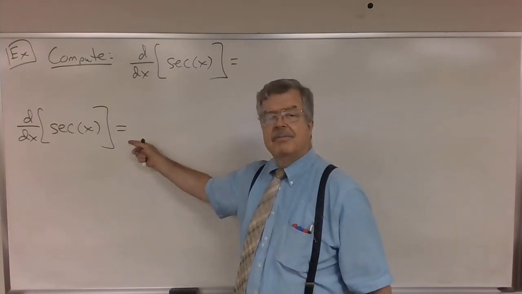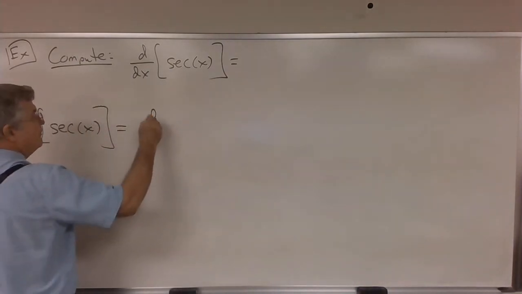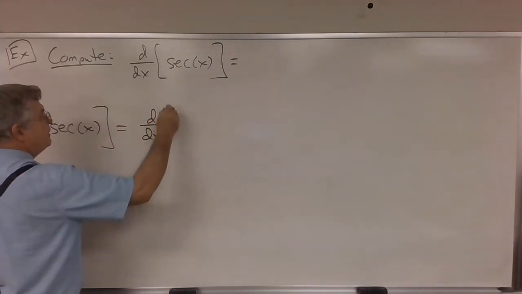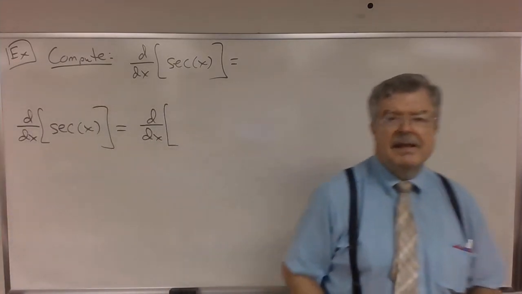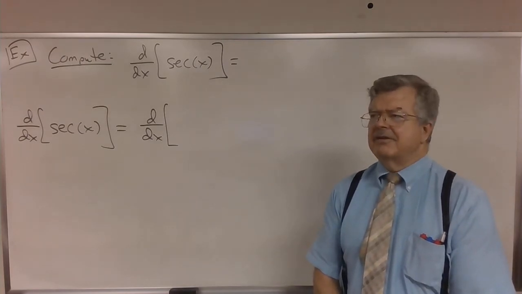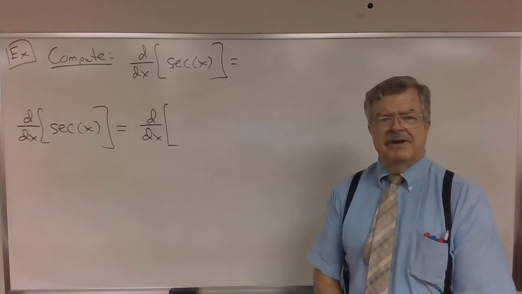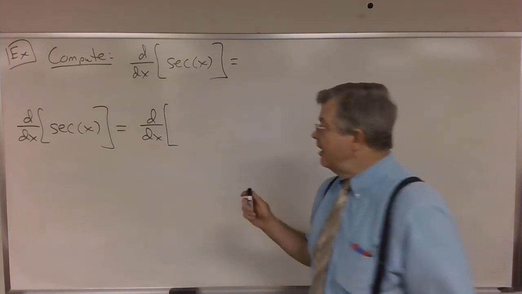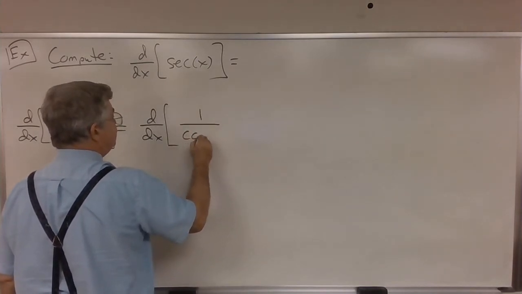We'll write it in terms of sine and cosine, provided that we've remembered our trig identities well enough to do that. Secant x, that's 1 over cosine, isn't it? So that's how we'll rewrite it. 1 over cosine of x.